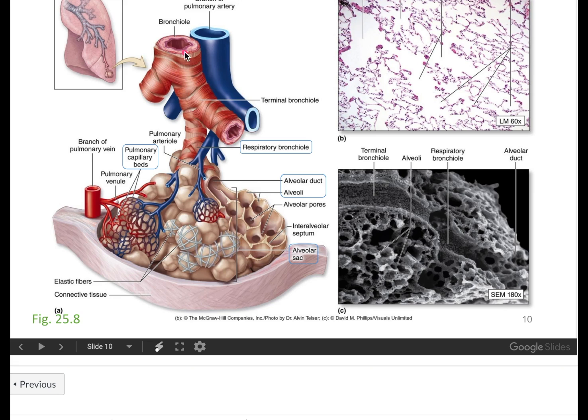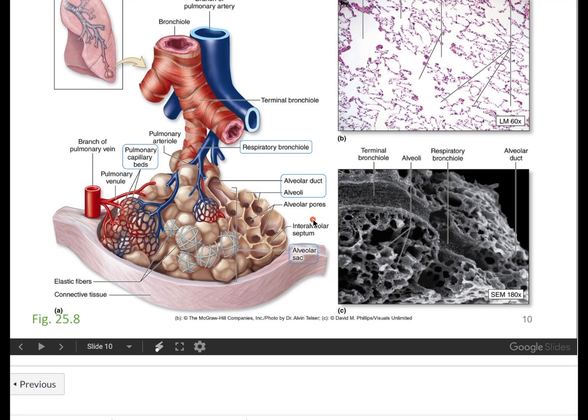So there's a main vine, and then there's smaller vines that give way to clusters of grapes. So one cluster of grapes here would be called an alveolar sac. And then each individual grape would be an alveoli.